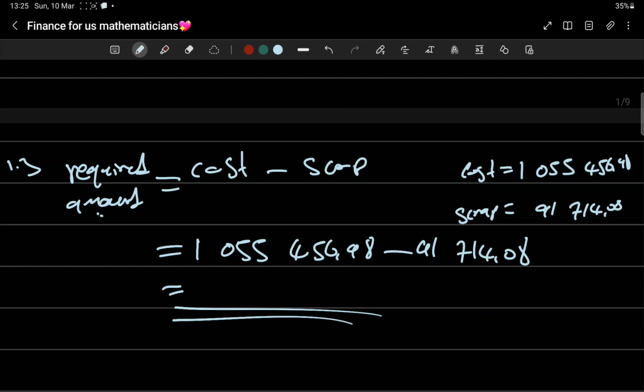We get 963,742.90, so they still require this amount.